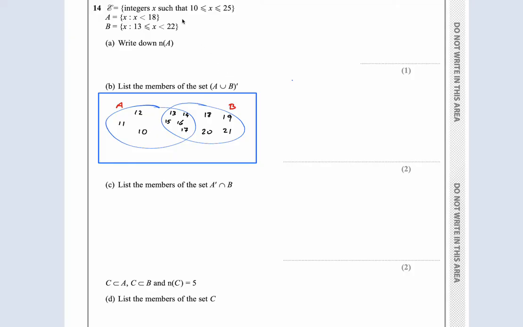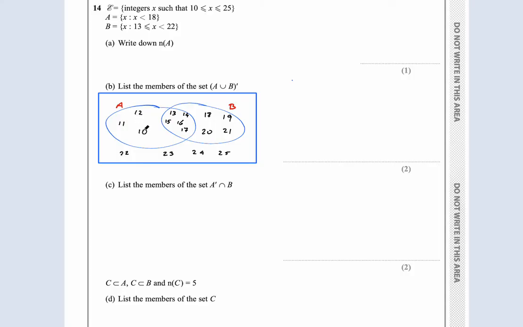So then what's left is all the numbers up to 25. So my 22, 23, 24, and 25. So that's the Venn diagram. Once you've got that drawn, these questions are a lot easier. So the NA is the number of elements in A. So each of these is an element.